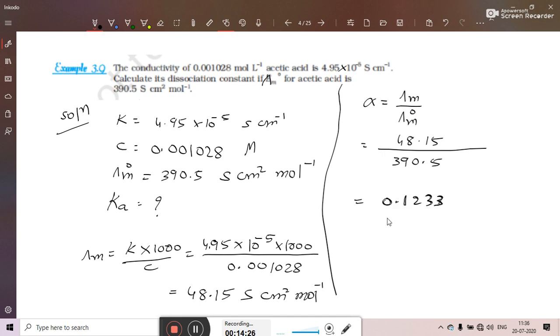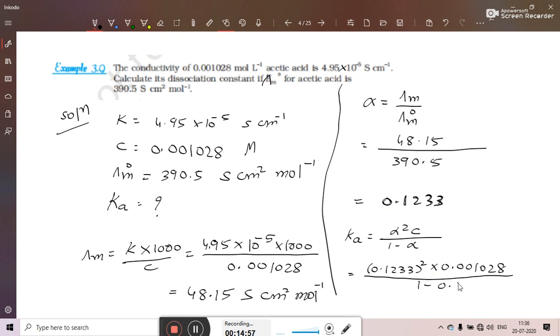Now we have to find out Ka. The dissociation constant of an acid is equal to alpha square C upon 1 minus alpha. Now alpha is 0.1233, so 0.1233 the whole square into C, which is 0.001028, divided by 1 minus alpha, that is 1 minus 0.1233.